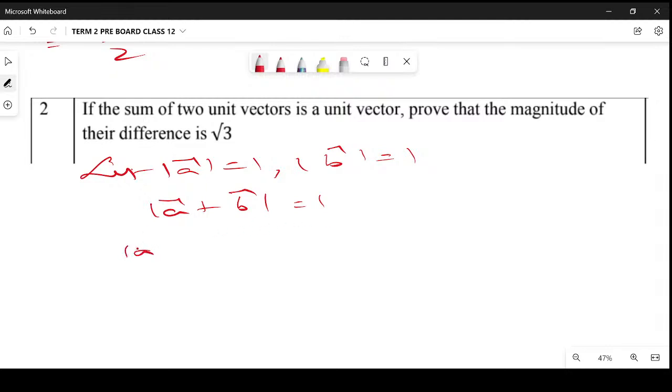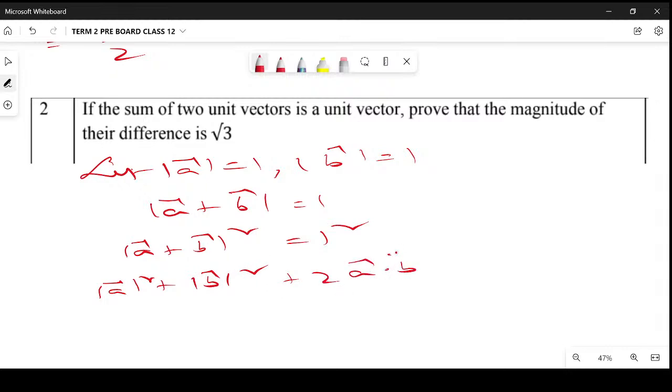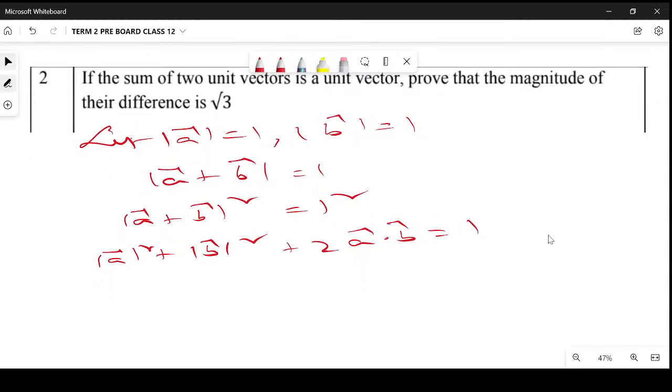If we do squaring on both sides, mod a bar plus b bar whole square equals 1 square. Expanding, mod a bar square plus mod b bar square plus 2 into a bar dot b bar equals 1.